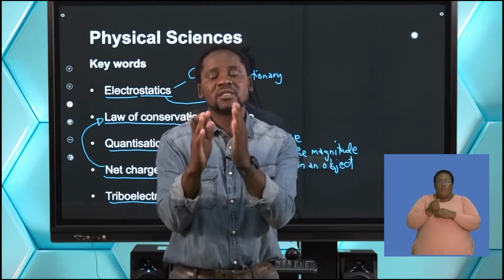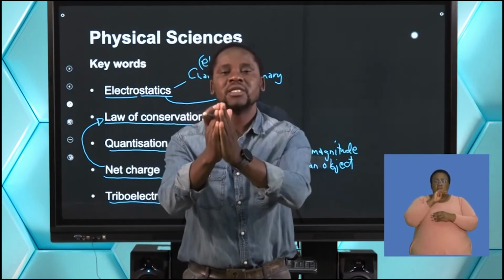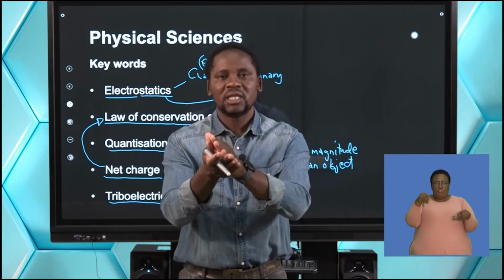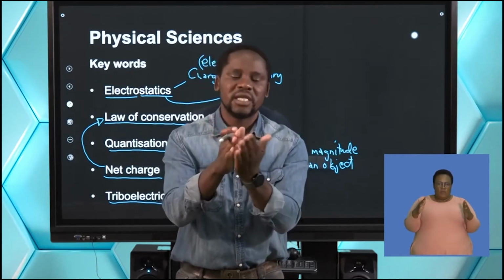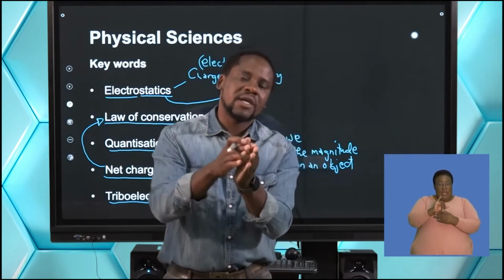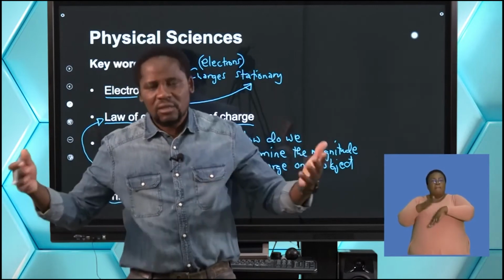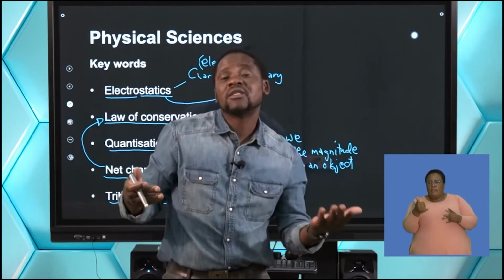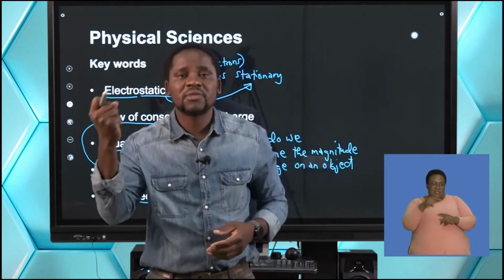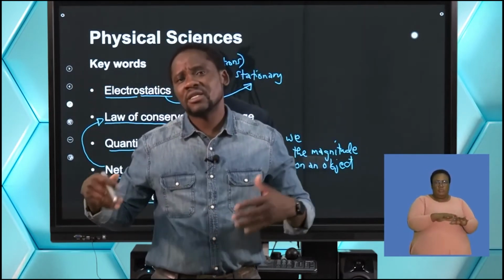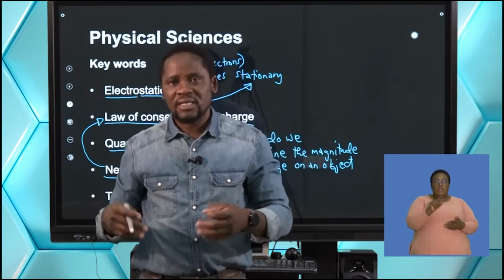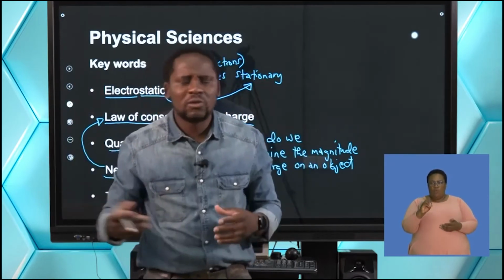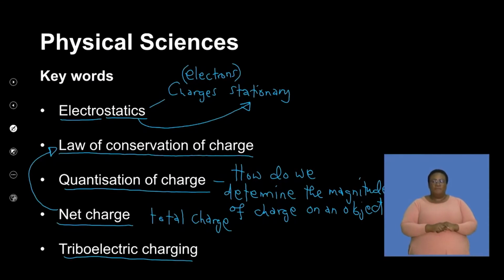So when something is triboelectrically charged, it means those two materials came into contact, and as a result, one acquired more charge. If one of them was neutral, the other transfers the charge, and the one that becomes charged we describe as being triboelectrically charged. So that's the gist of what we mean by that.